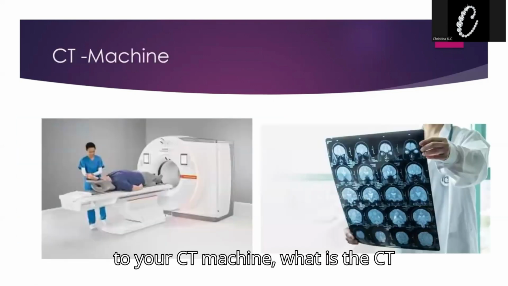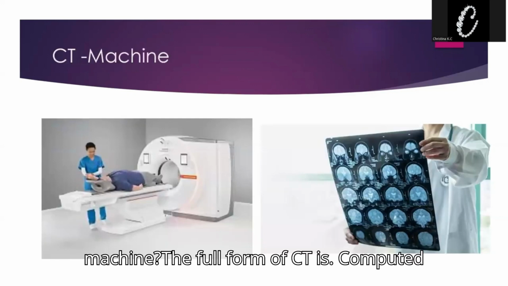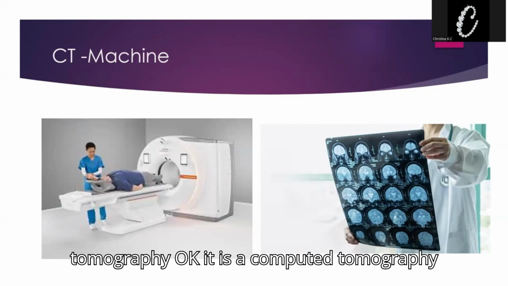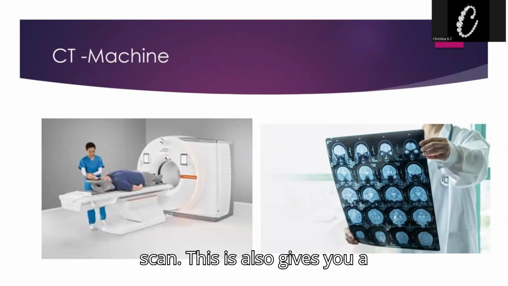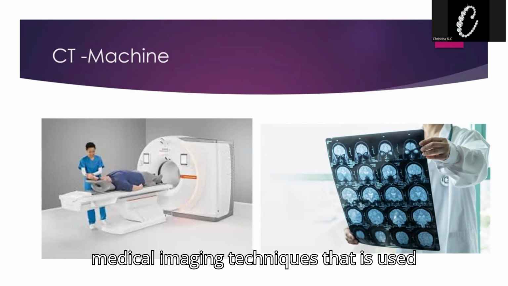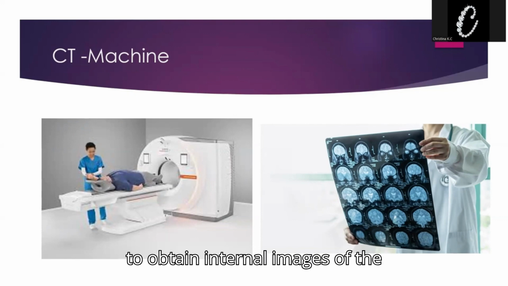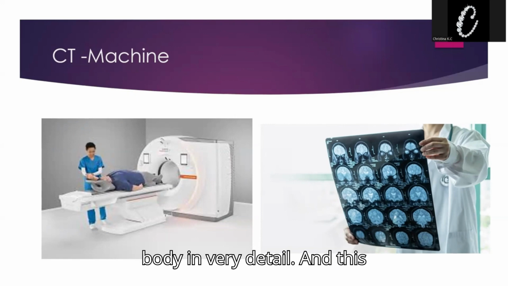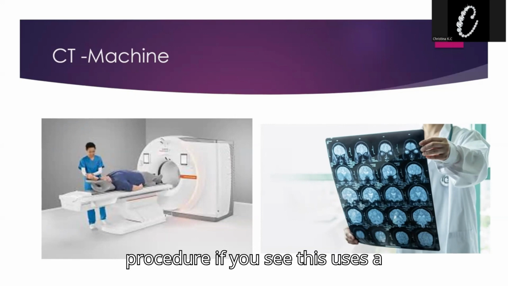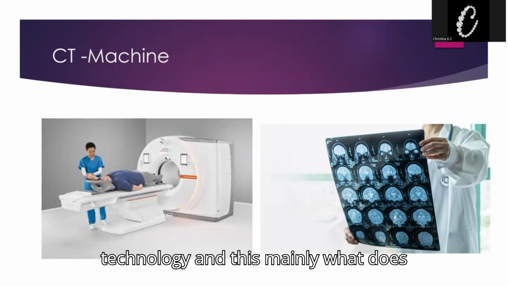Next, coming to the CT machine. What is the CT machine? The full form of CT is computed tomography. It is a computed tomography scan. This is a medical imaging technique that is used to obtain internal images of the body in great detail. This procedure uses a combination of X-ray and computer technology.